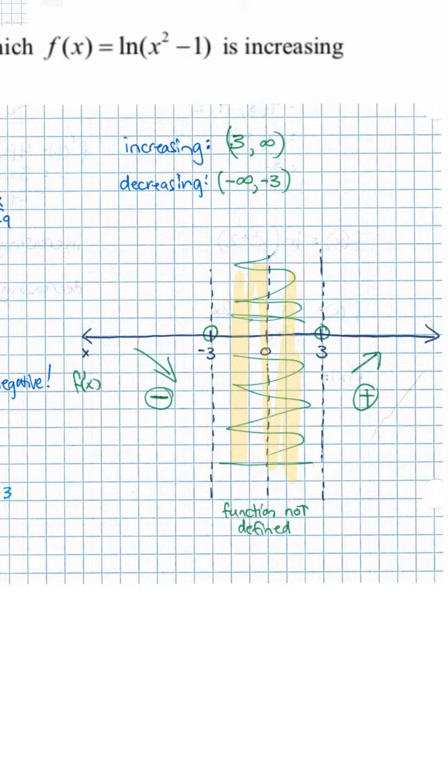When I plugged in -4, remember I got that -8/7. So this is negative, and it's decreasing to the left of -3. I also plugged in 4. I got a +8/7. So it's increasing to the right of +3. And yeah, nothing's going on between -3 and 3 because the function is not defined there.